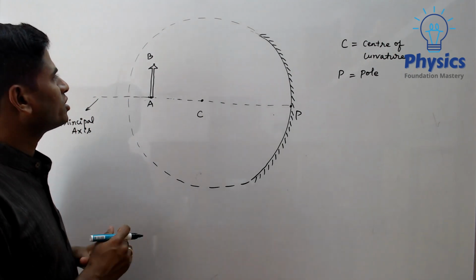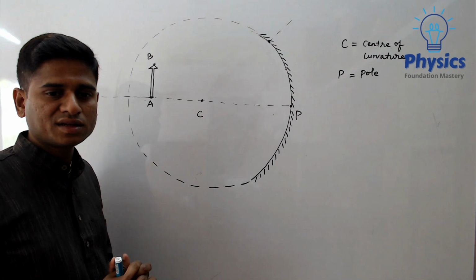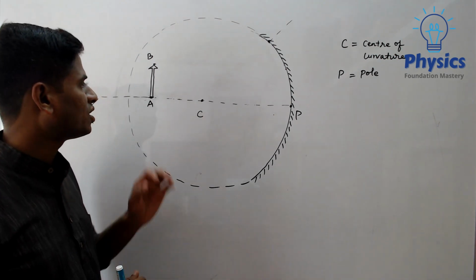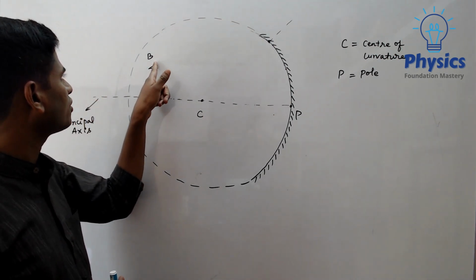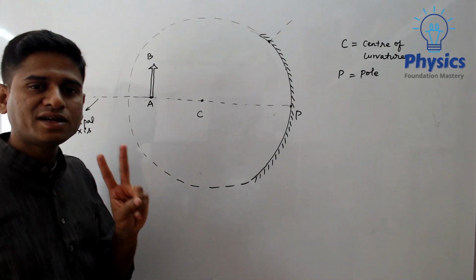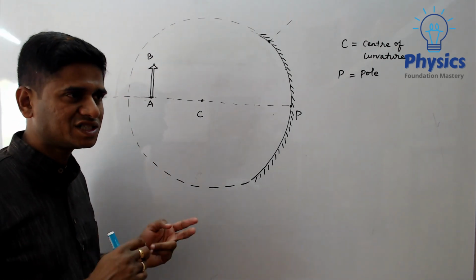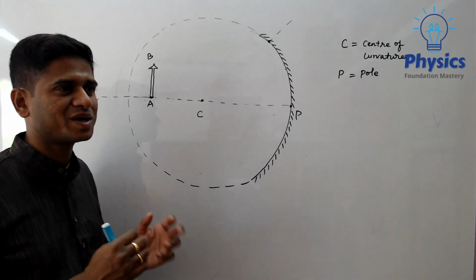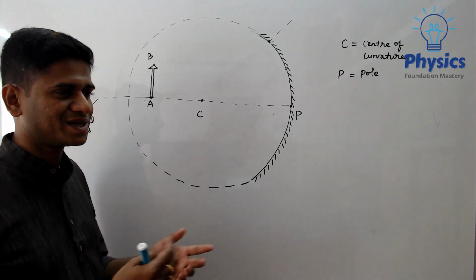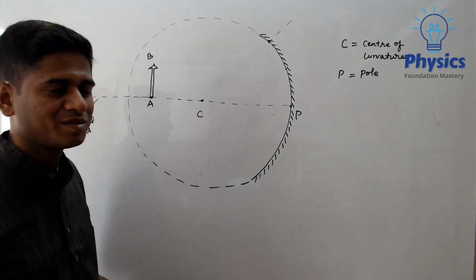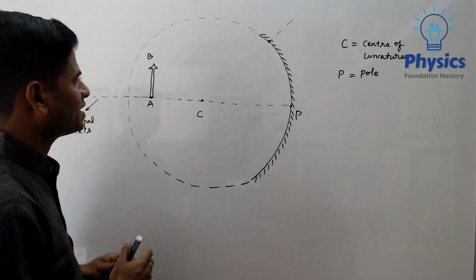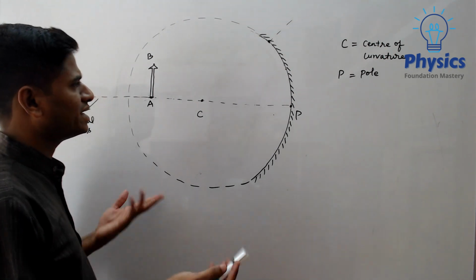The most important point is B. In order to find the location of the image, always take the top point of the object and draw any two rays. Which rays to choose, to make it easier, we will discuss maybe in the next video. But anyway, let's take any two rays.